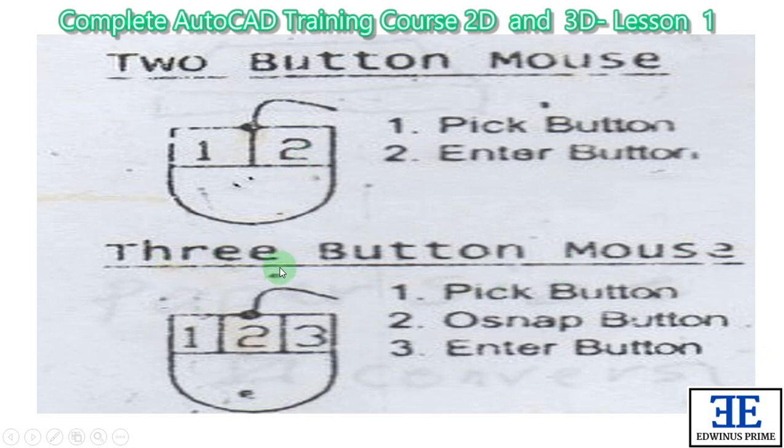If you are using a 3-button mouse, the left mouse is the pick button or button number 1, and the right mouse button is the enter button. And the middle button or button number 2 is the OSNAP button.